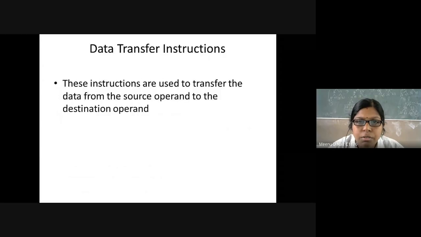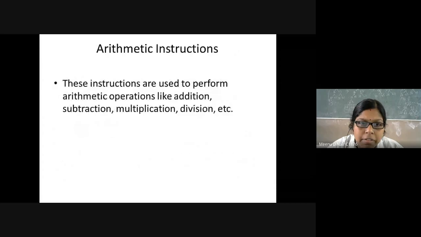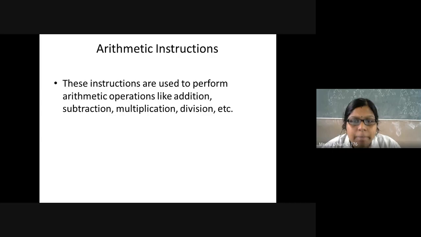Okay, so we are moving to the next set of instructions, that is arithmetic instructions. What is the use of arithmetic instructions? They are used to perform arithmetic operations such as addition, subtraction, multiplication, and division.